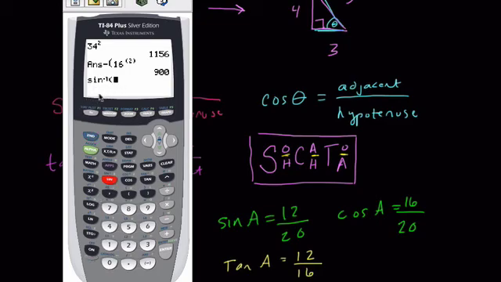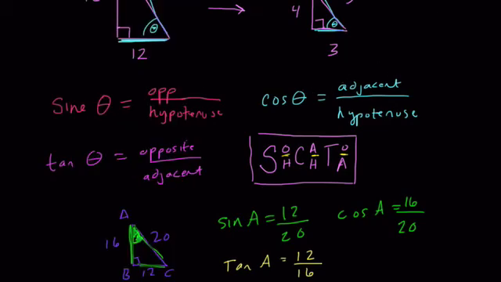That just means it's like the inverse of sine. So the sine of what angle is 12 over 20? You enter that in, close parentheses, press enter, and there's your answer, 36.86989765.